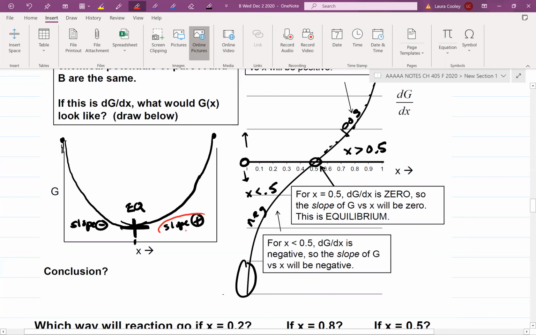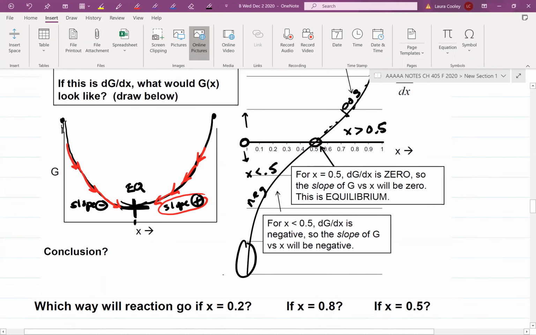Since the slope is positive here, which way is the reaction going? It's going to the left, the way to decrease the Gibbs free energy. And on this side, it's going the way to decrease the Gibbs free energy, which means it's going forward.